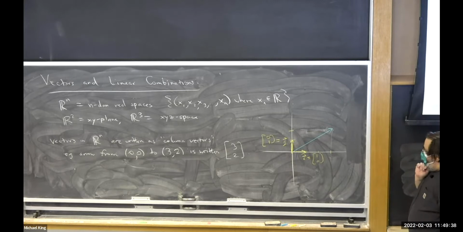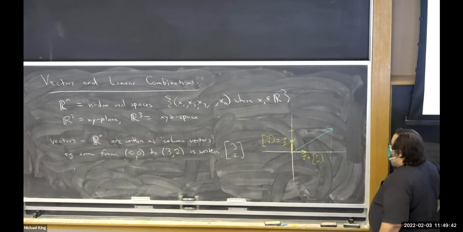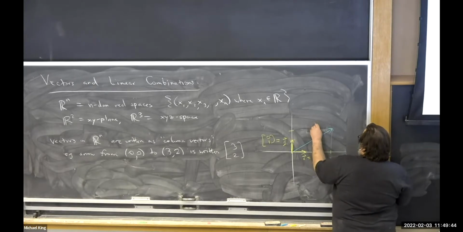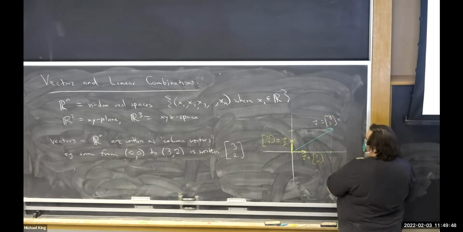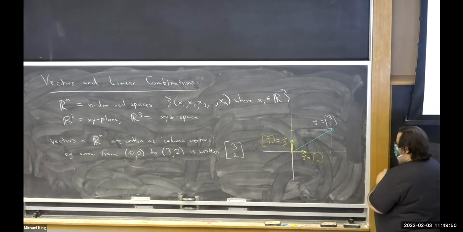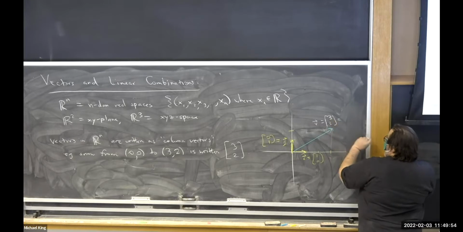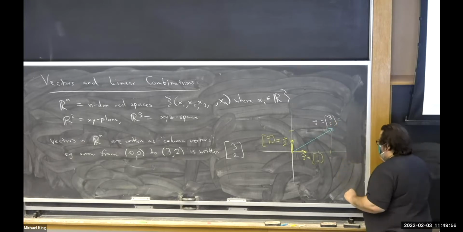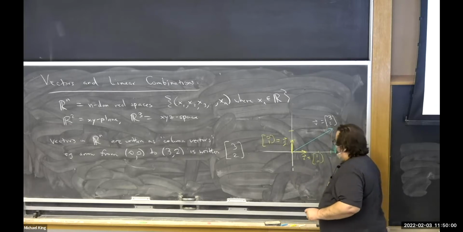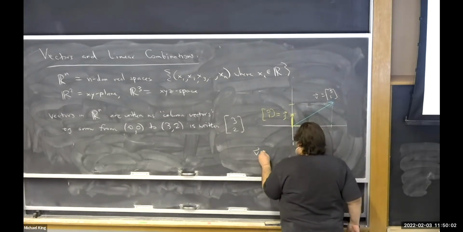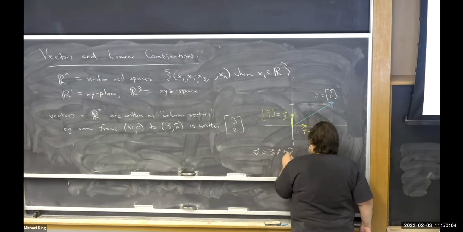Okay, so that's the point 3, 2. And so we could say v is 3, 2, or we could say it's 3i plus 2j. We think of v, from multivariable, as rewritten this way.